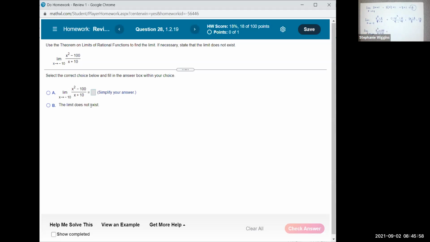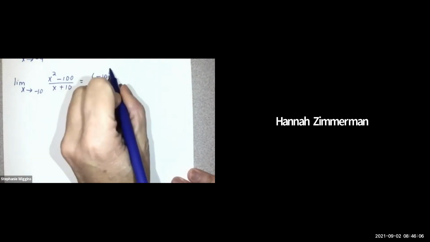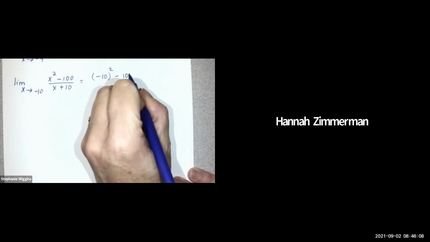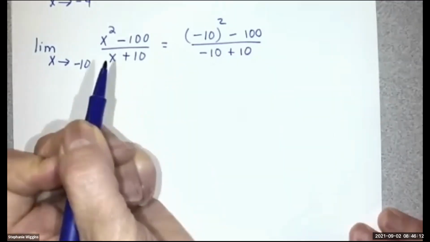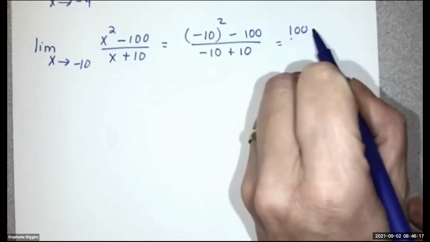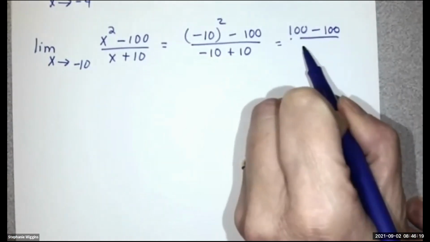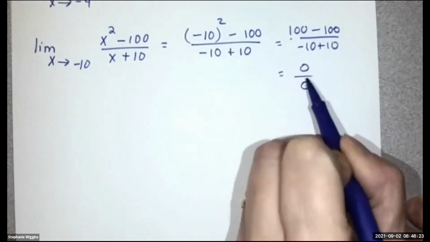So your first step, just like the last problem that I did, is to plug in the -10. So we get -10 squared minus 100 and then -10 plus 10. So this becomes 100 minus 100 over -10 plus 10, which is going to be 0 over 0.